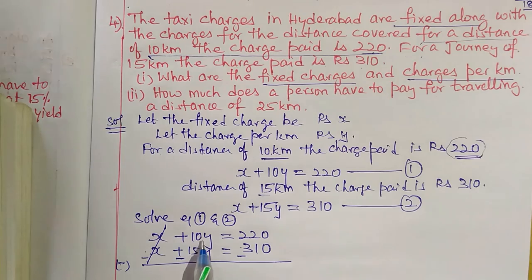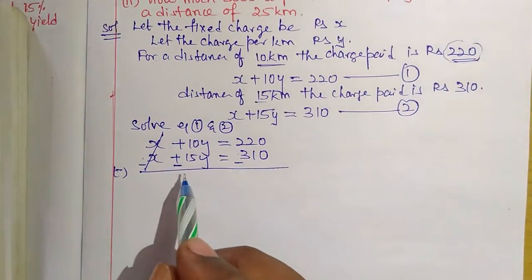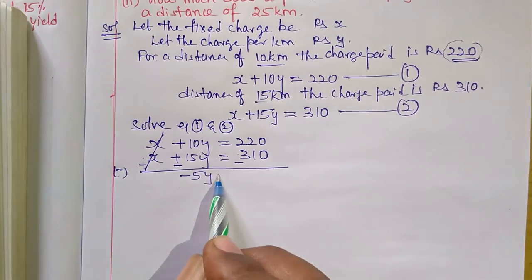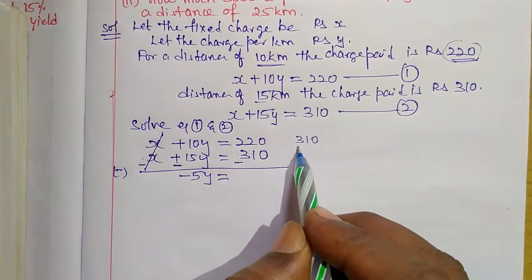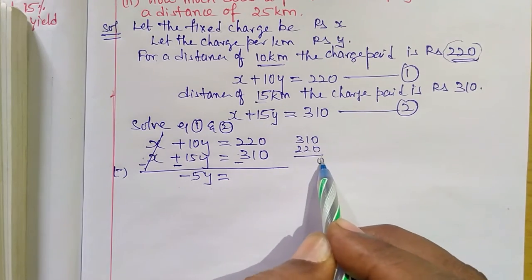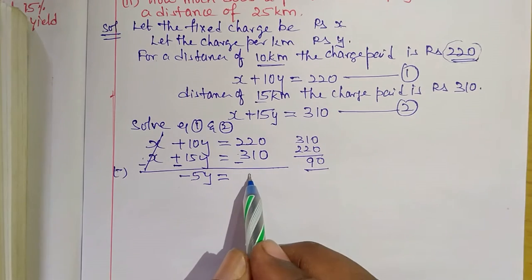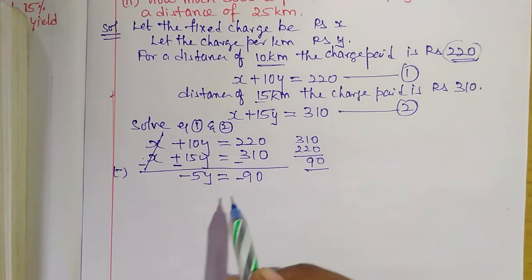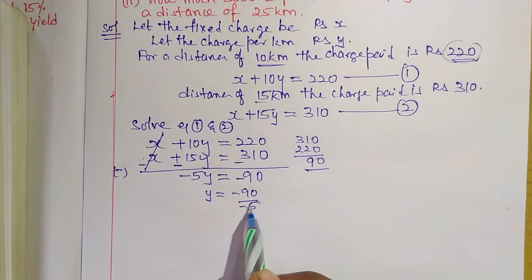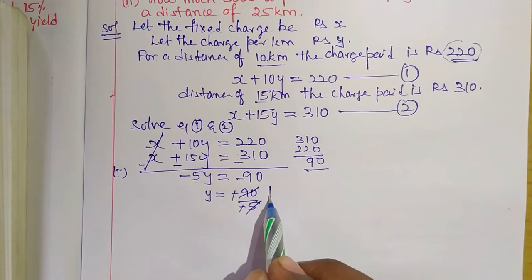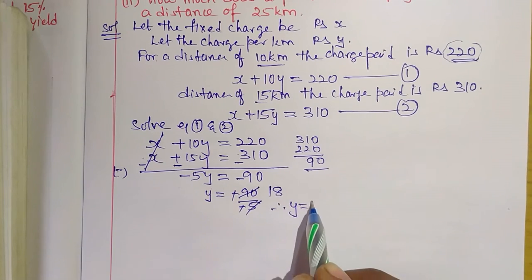X minus X cancels. 10y minus 15y is minus 5y, equals 310 minus 220, which is 90. So minus 5y equals minus 90, so y equals minus 90 by minus 5. Therefore y equals 18.